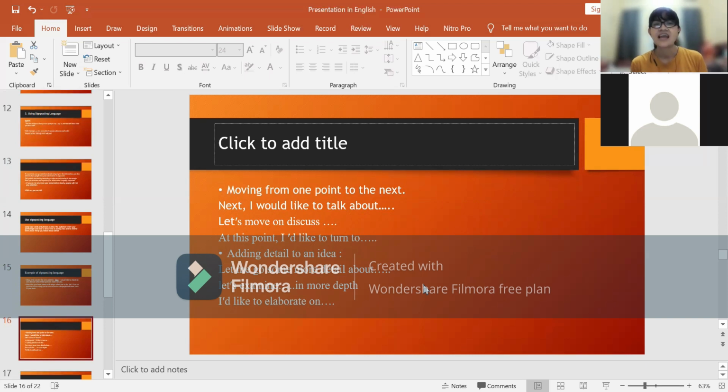After moving, you can also add detail to an idea, like let me go into some more detail about it. If you want to go deeper into the discussion, you can use these phrases, or let's examine, for example, the marketing strategy or the web development.